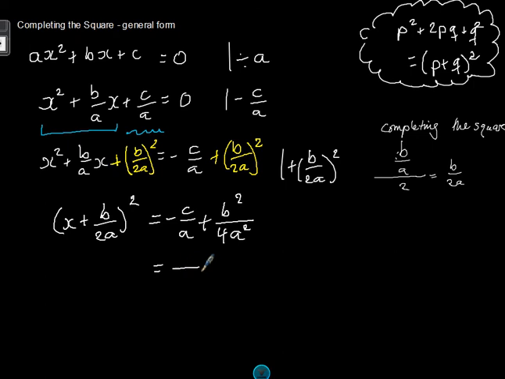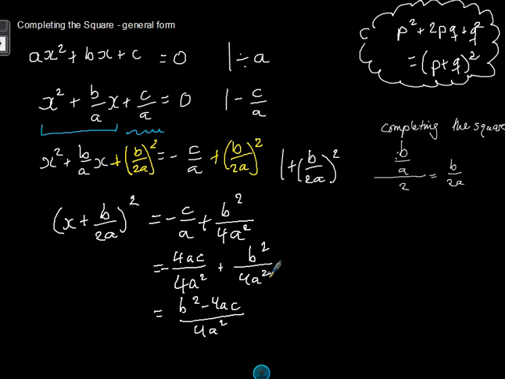We have 2 fractions. We'll write them with the same denominator. And I'll expand the numerator here. There's a minus here in front. That will become minus 4ac. And now I can add these two together to get b squared minus 4ac over 4a squared.